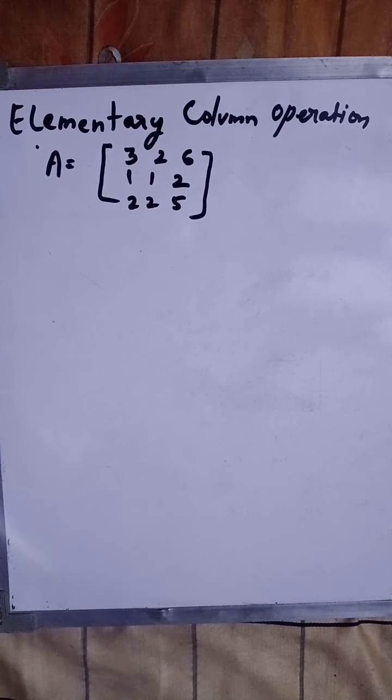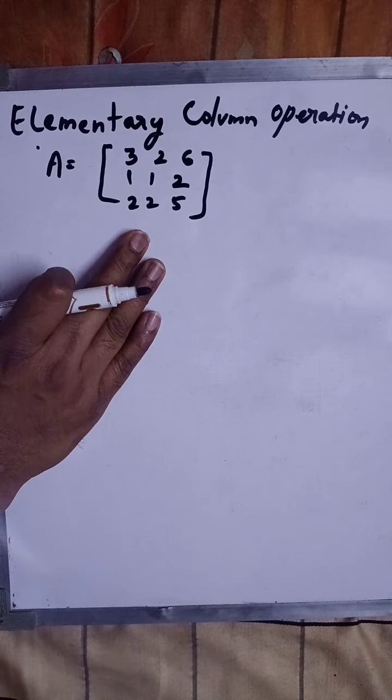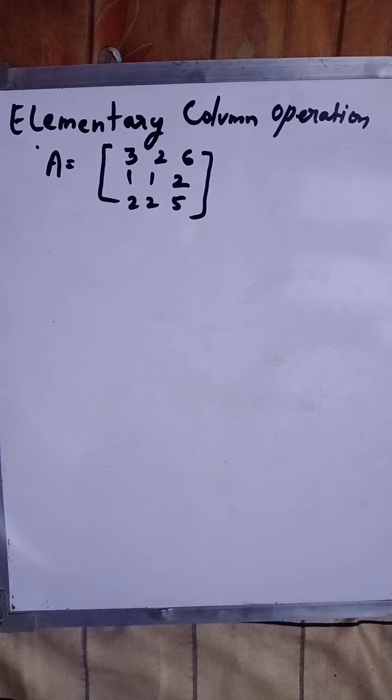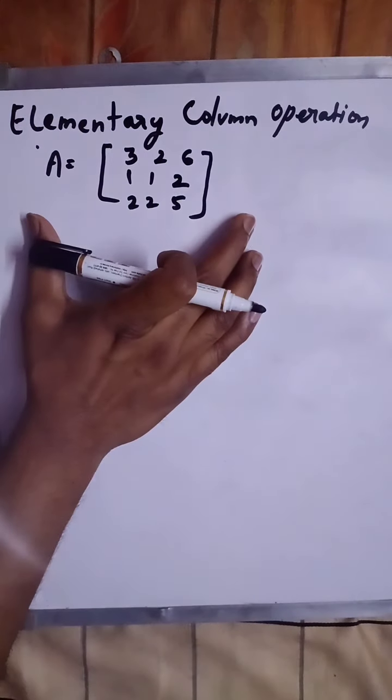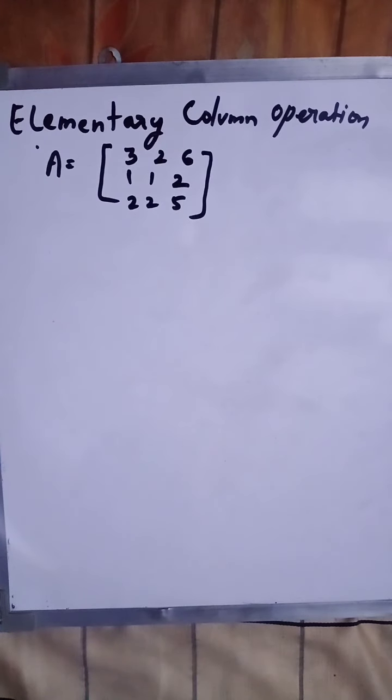Hello everyone. In the last video we discussed the elementary row operation. Now we are solving the same question, the same matrix, using elementary column operation. So here we have to solve this matrix A using elementary column operation.